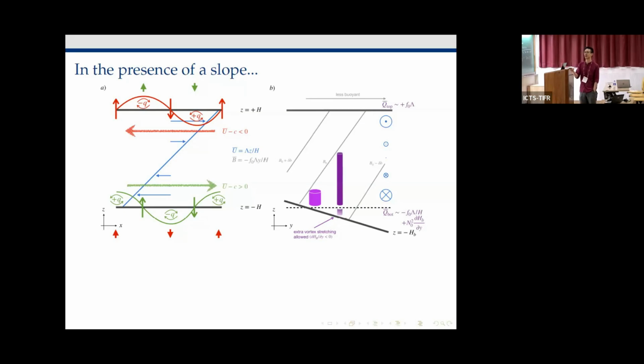In this particular configuration, the argument is that if you move it to the north, or to the right, the slope allows you extra stretching. So you are allowed to stretch more relative to the standard case where you do not have a slope. From that point of view, this adds to the PV.